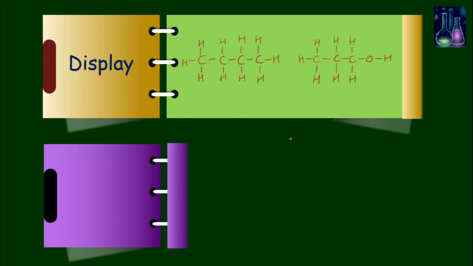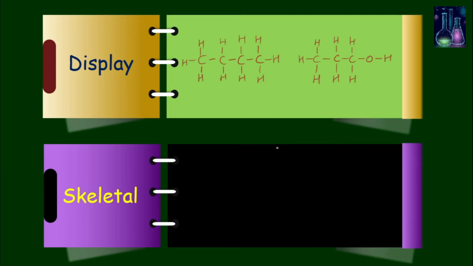Next, skeletal formula. Now for skeletal formula, the structure would be, you will have 4 carbons, 1, 2, 3, 4, and the line of intersection will represent a carbon and the terminal position will represent a carbon. Okay, so this is your skeletal formula.